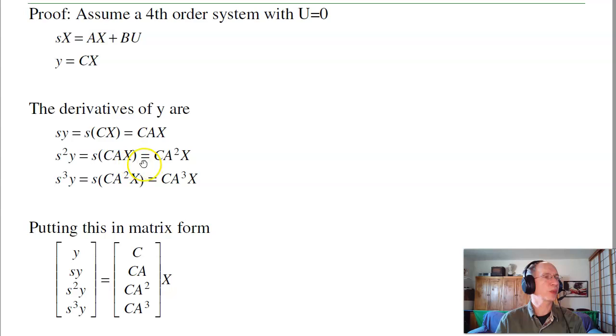S squared Y is CA squared X. S cubed Y is CA cubed X. So if I take the output and its derivatives, that's related to these states by C, CA, CA squared, CA cubed. If this matrix is invertible, I can determine the states just from the output and its derivatives. It's observable.